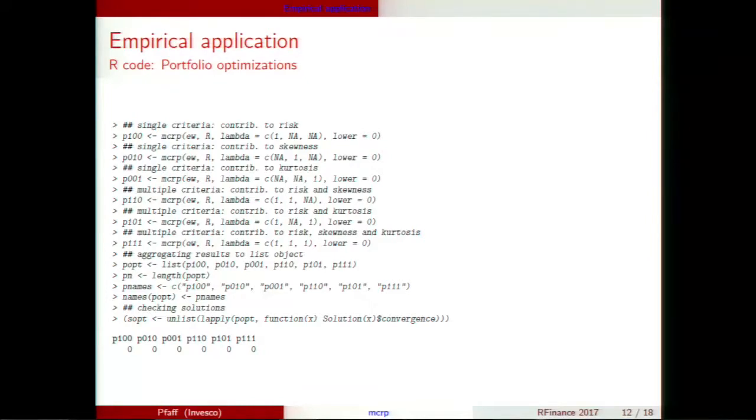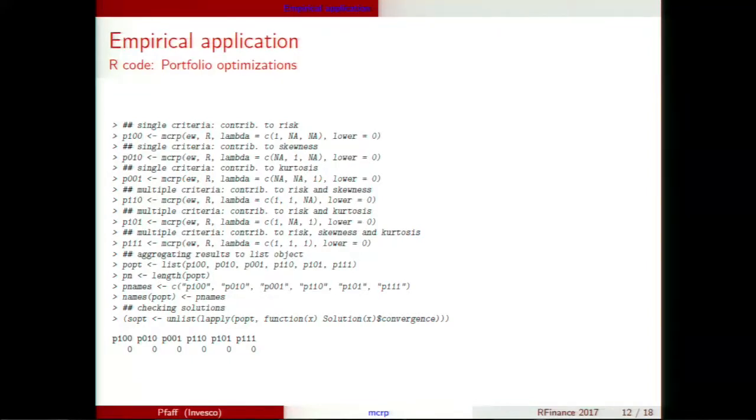And as you can see in the following three lines with respect to the setting of the lambda vector, we treat dispersions of the contributions to the portfolio standard deviation risk, likewise as bad as dispersion of the contributions to the portfolio skewness, because both have a lambda value of 1, so they are treated as the same bad.